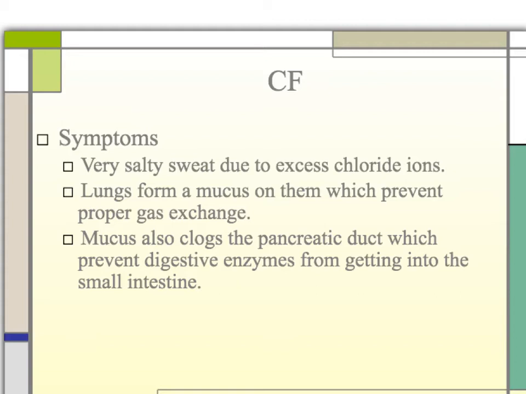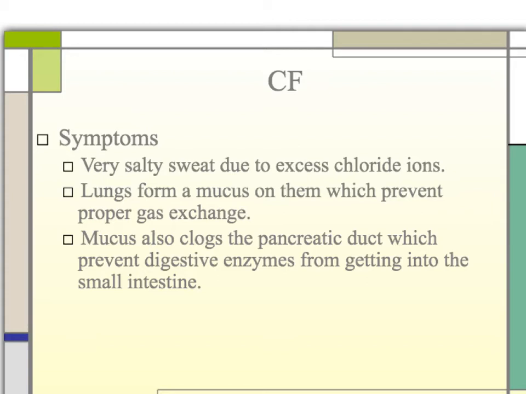We learned in our osmosis diffusion chapter, I believe chapter 5, that water will tend to follow the solute in order to dilute it out. So in this case, water will tend to follow that excess salt in CF, which causes mucus to form inside the lungs, which then prevents proper gas exchange.